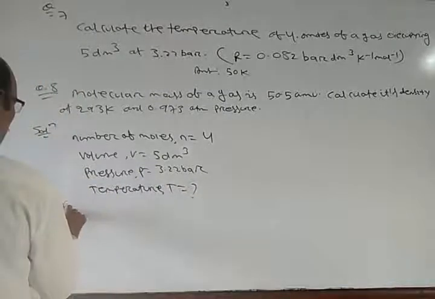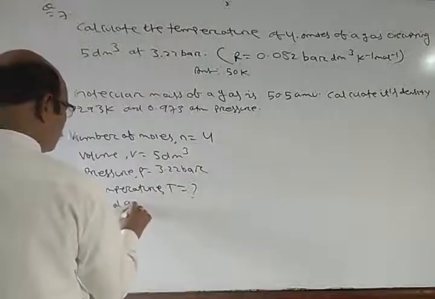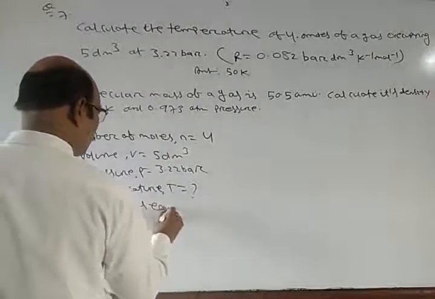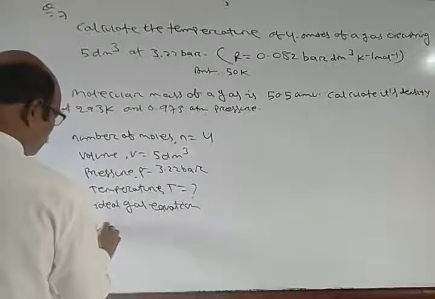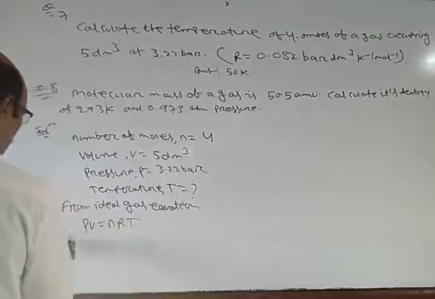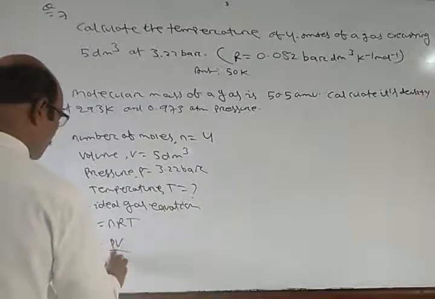So from the ideal gas equation, PV equal to nRT, therefore T equal to PV by nR.